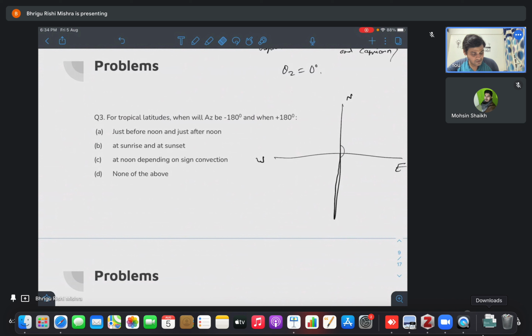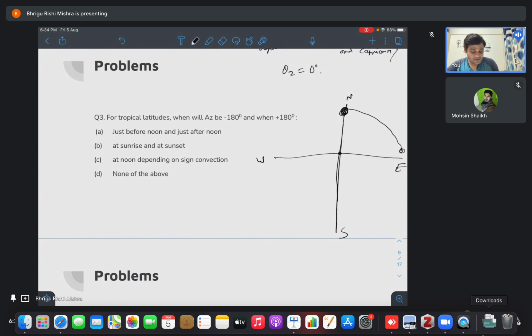Sorry, not from here but from here. The sun rises from the east and goes this way. That is why at solar noon the position is here, not where I drew earlier. That was wrong. When the sun rises in the east at this position, at solar noon it will be directly overhead, at the center. The angle it makes with the south is 180 degrees.